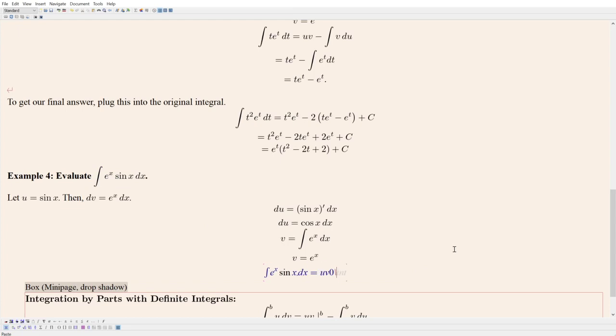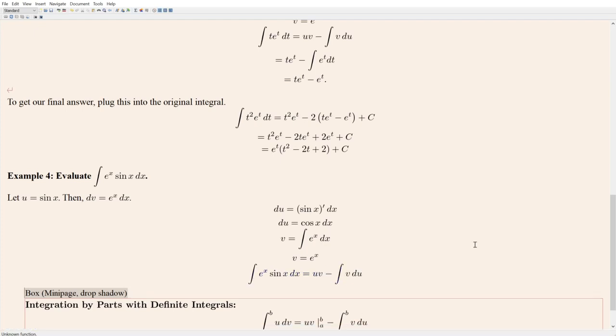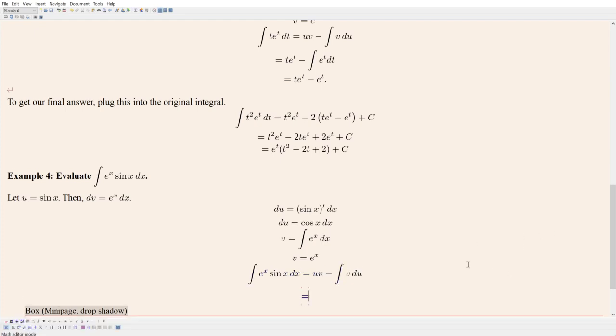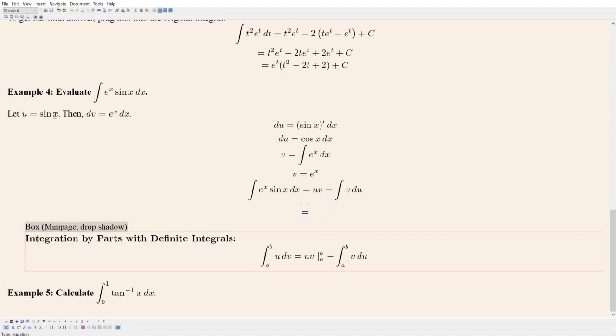This is equal to uv minus integral v du. So u is sine x, v is e to the x, minus integral v, e to the x again, du is cosine x dx.